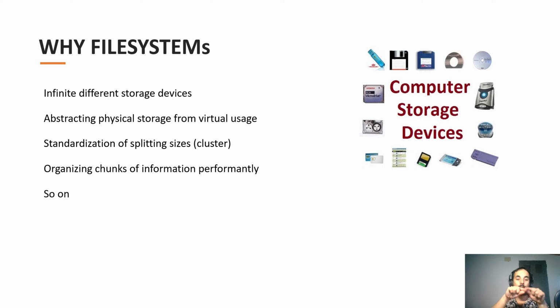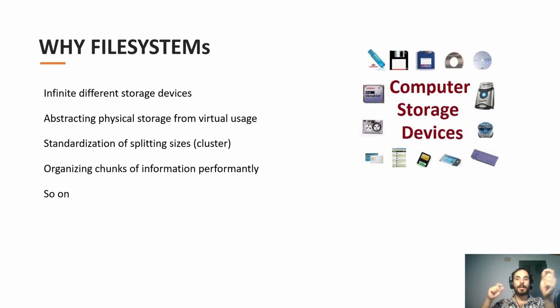That way you use the space that you have more efficiently. If you don't have a file system, that's almost an impossible task. That's one of the tasks of the file system, to store the information efficiently, splitting the files, for instance, and organizing chunks of information performantly, with those tiny bits into which each file is split.